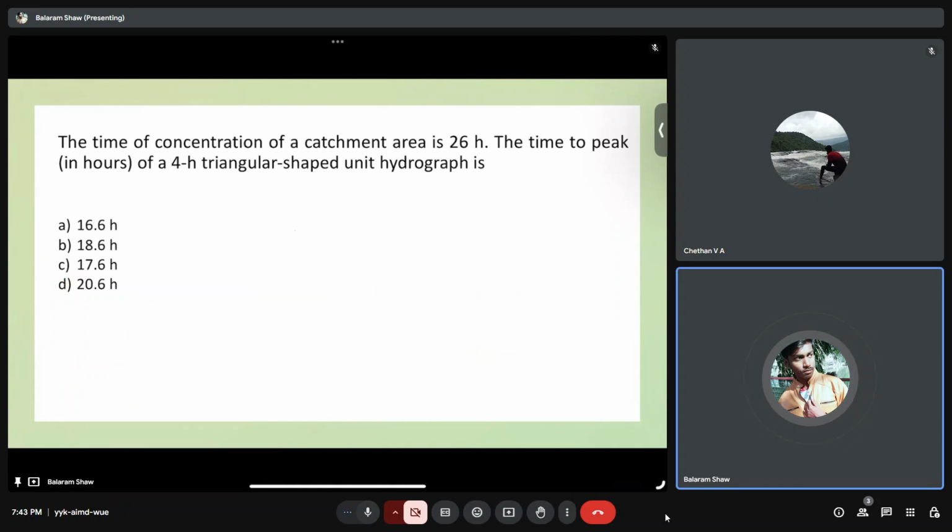Next question is, the time of concentration of a catchment area is 26 hours, and the time to peak in hours for a 4-hour triangular shaped unit hydrograph is. Let's calculate this. It's simple, right?